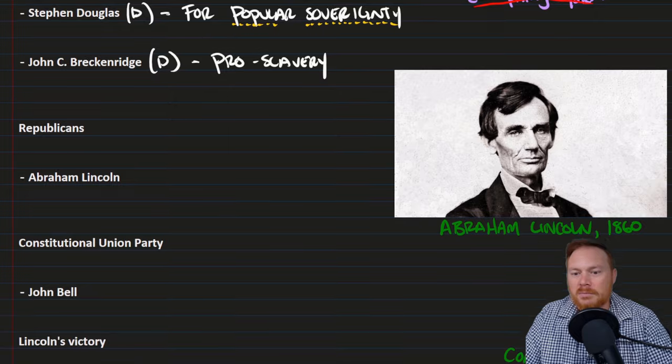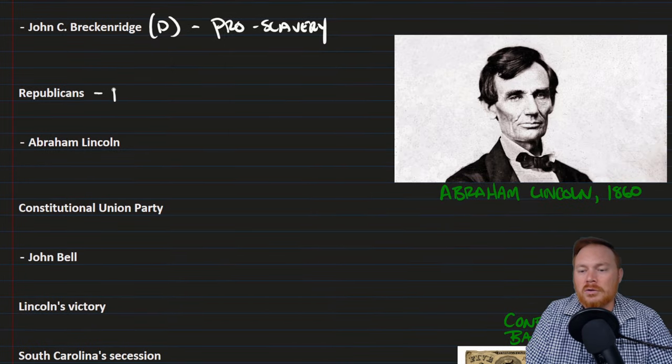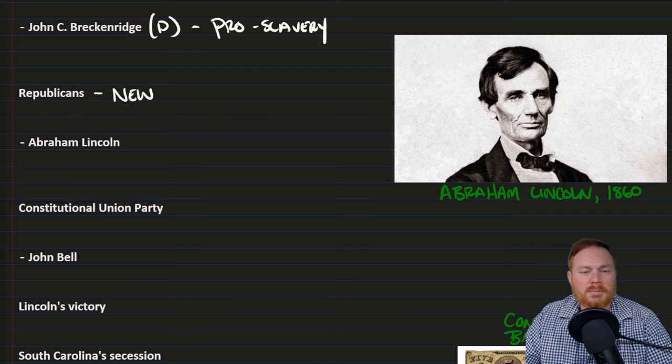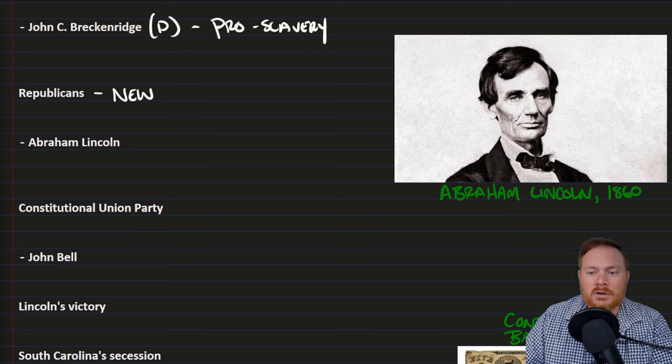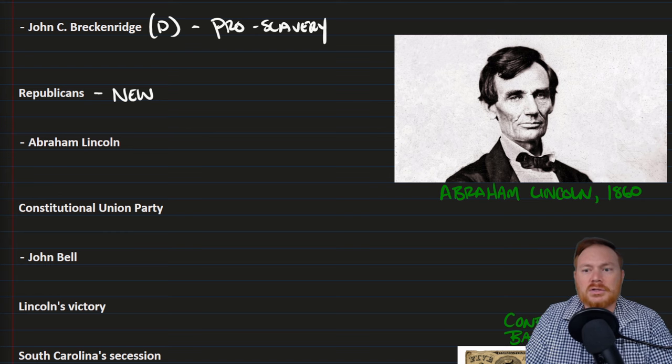Now, with the Republicans, remember the Republican Party, this is a brand new party. The Republican Party didn't exist until the Kansas-Nebraska Act. So they are still trying to get their organization down. They're still trying to understand who their candidates are. They're not well established.